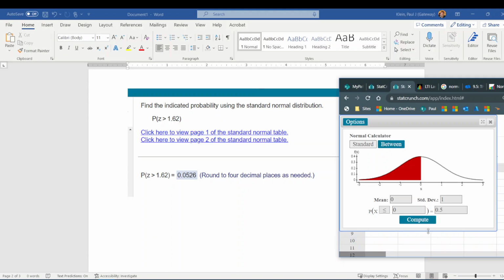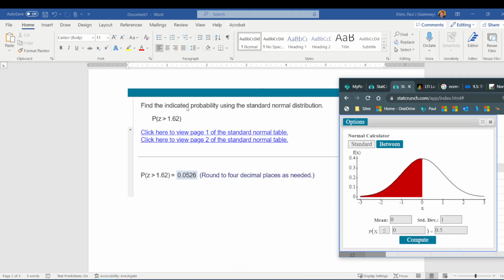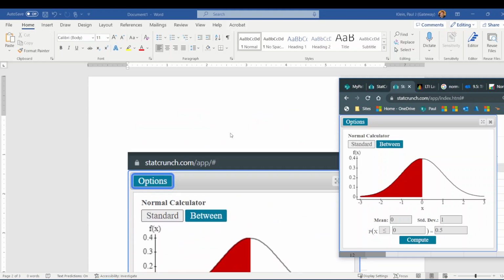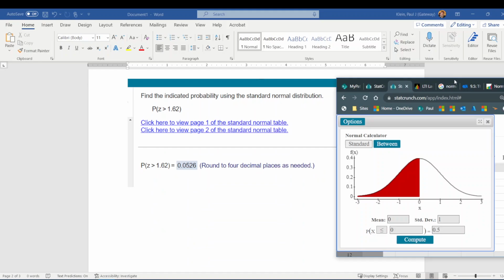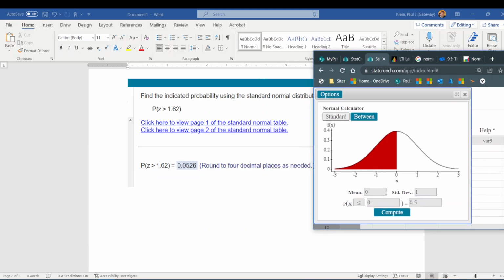Let's do this problem. It says, find the indicated probability using the standard normal distribution. So let's figure out which of these boxes they've given us. The first thing is the mean and standard deviation.